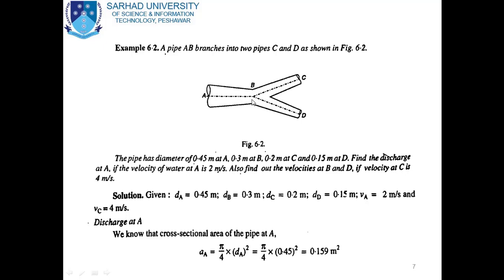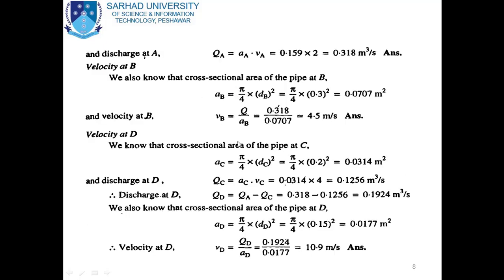Now at this point, some quantity of water will move in this pipe, and some quantity of water will move in this pipe. So we have already found out the discharge in this pipe, which is the BC pipe. So we will subtract this discharge from this discharge, and we will get the remaining discharge which moves in this pipe.